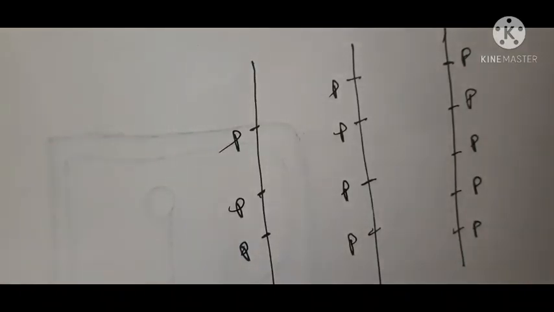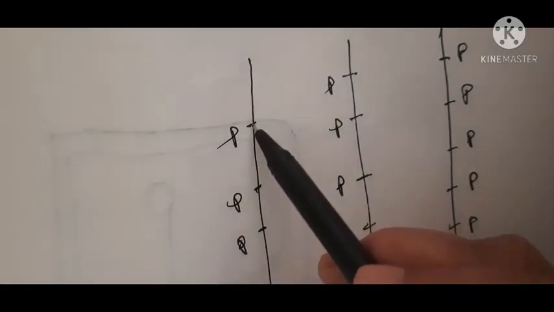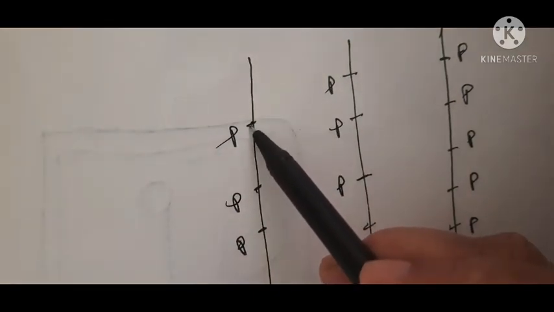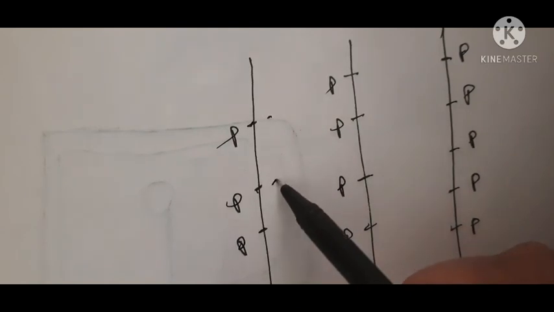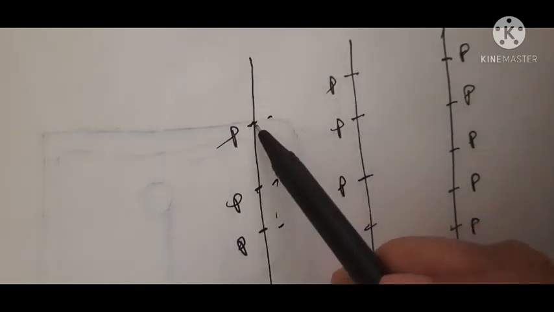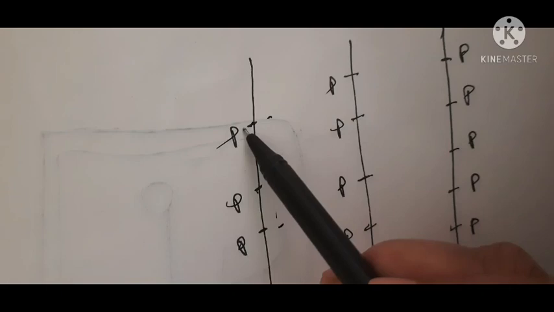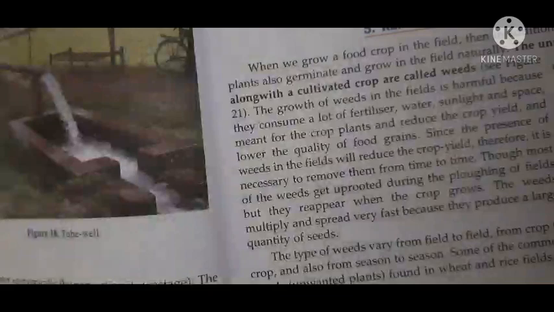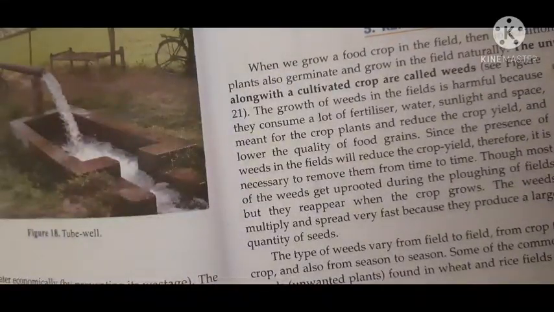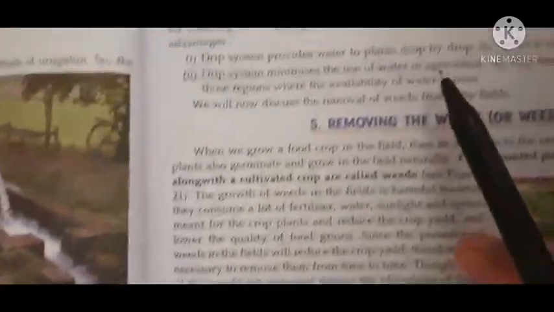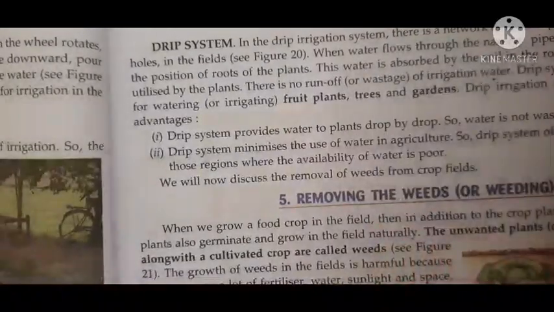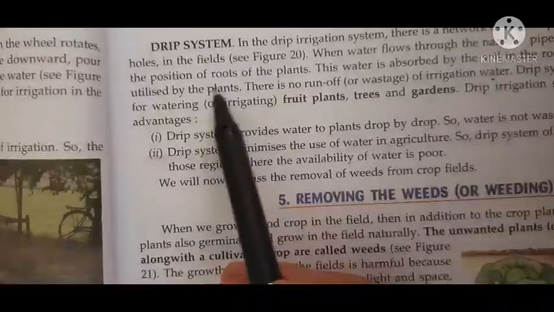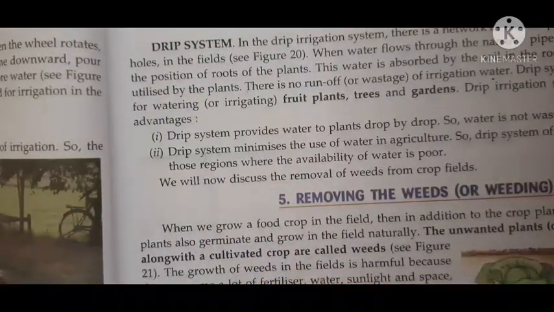Understood? Now water will pass through the pipe, and these are the holes. From these holes, here also plants are there, both the sides, the water is released in the form of drops, and it will directly go near the plant and be absorbed by the soil. And from the soil the plants will absorb the water. So here it falls drop by drop at the position of the roots. Understood?